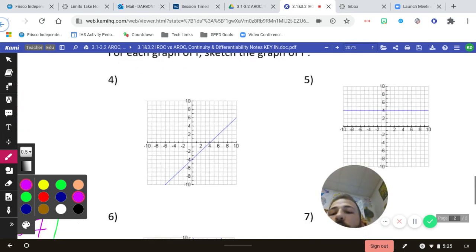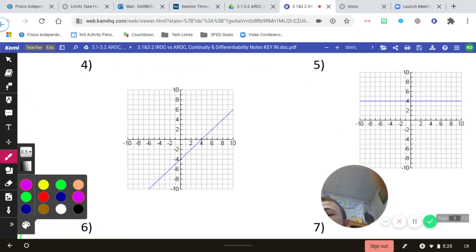So looking at 4, the slope along every single point in this line is +1. So if I wanted to graph f prime, I'd graph a nice straight line with a constant value of 1.